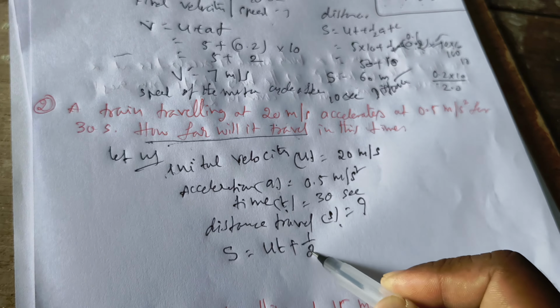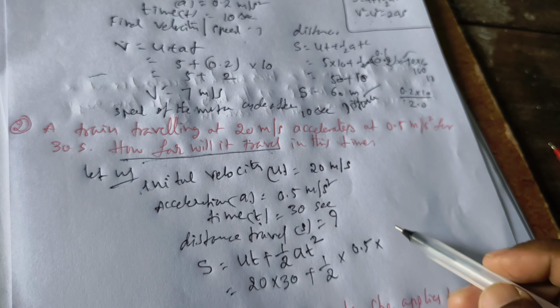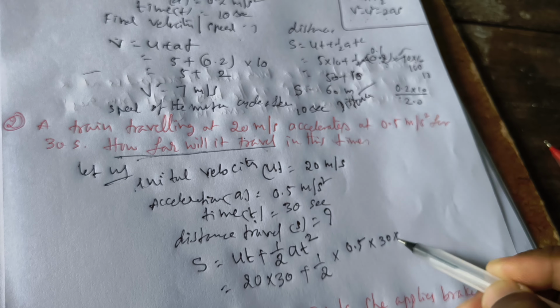Substitute the values: u 20 into time 30, plus 1 by 2 into acceleration 0.5 into t squared, 30 into 30.